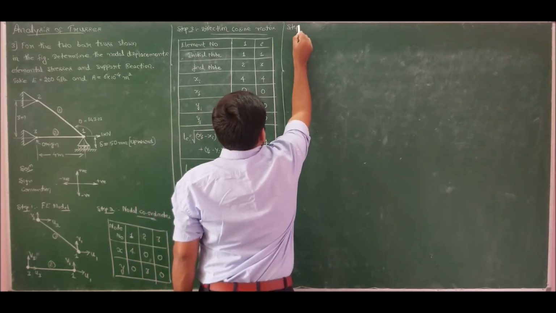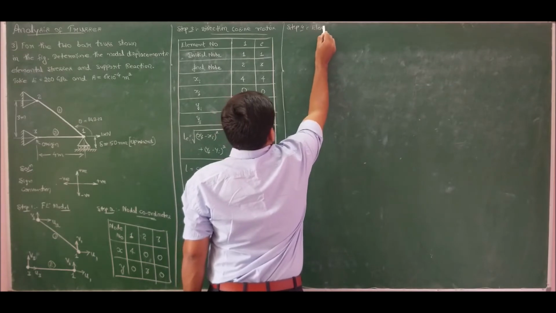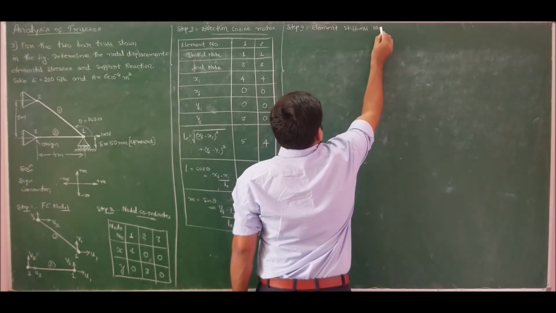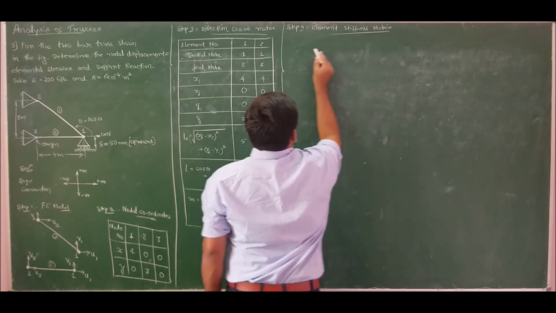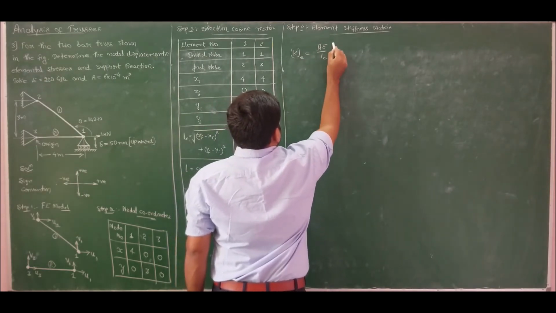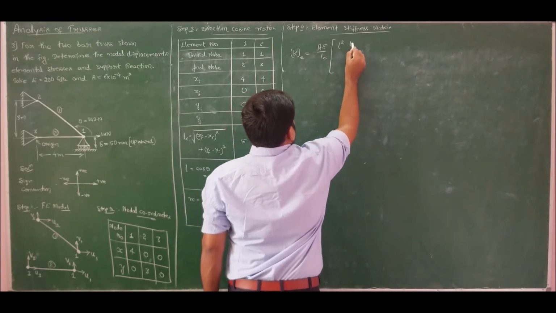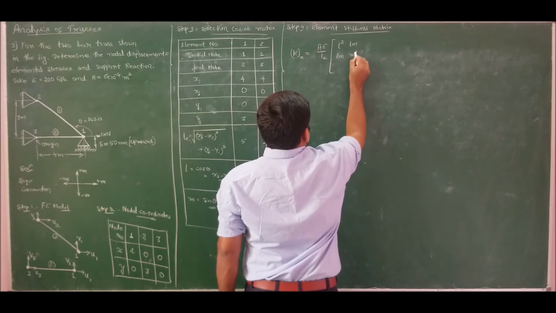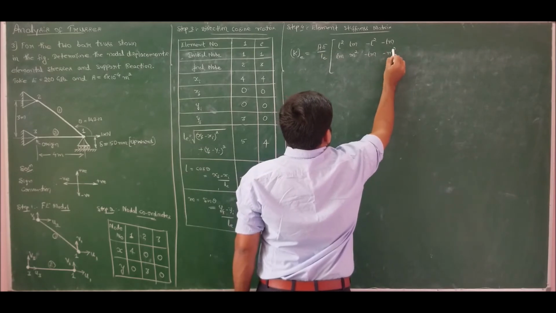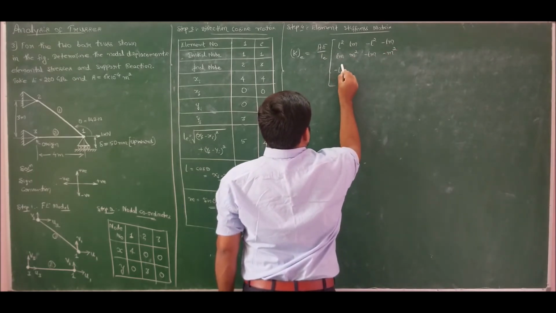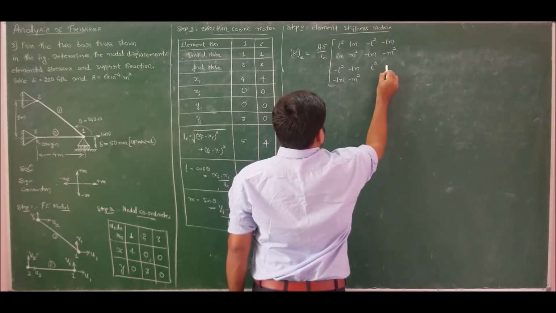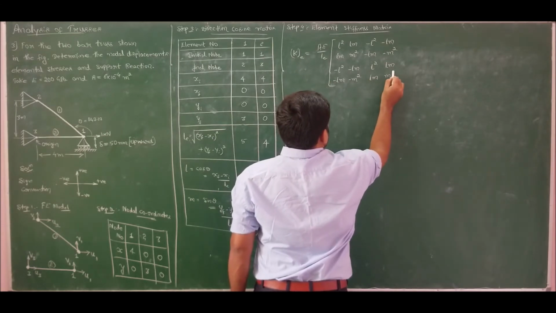Moving ahead for step 4, to calculate the element stiffness matrix, we have K of an element given by AE by length of the element times the matrix: L square, Lm, minus L square, minus Lm; Lm, m square, minus Lm, minus m square; minus L square, minus Lm, L square, Lm; minus Lm, minus m square, Lm, m square.